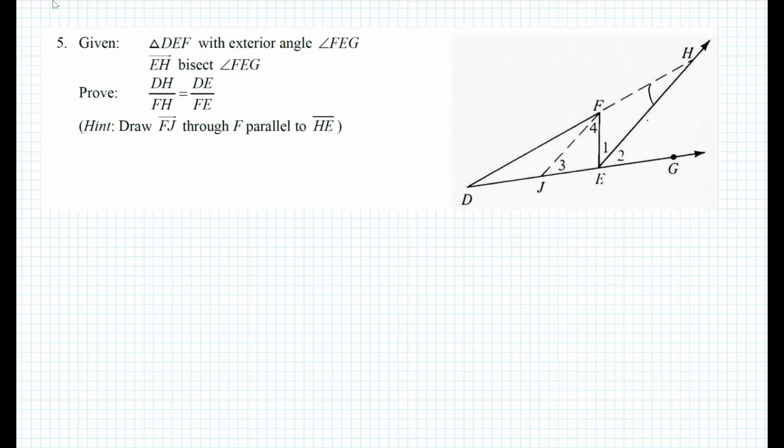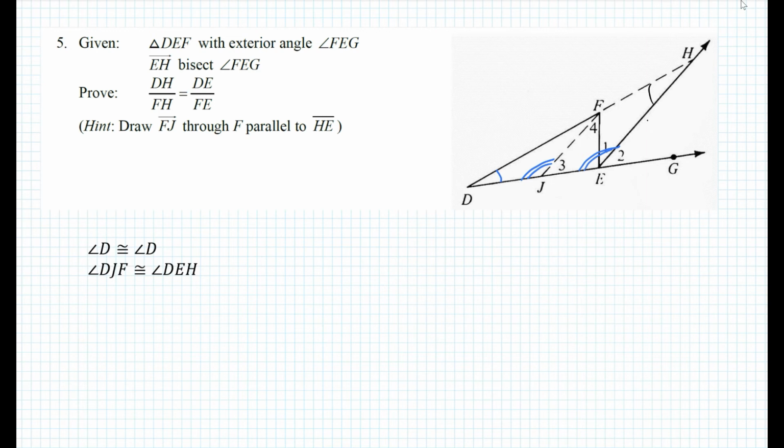The reason the hint is there is so we can use similar triangles and then set up a proportion. So which two triangles can we prove similar in this case? Well, we know that angle D is congruent to itself because of the reflexive property. And we also know that angle DJF is congruent to angle DEH, as shown in the diagram.